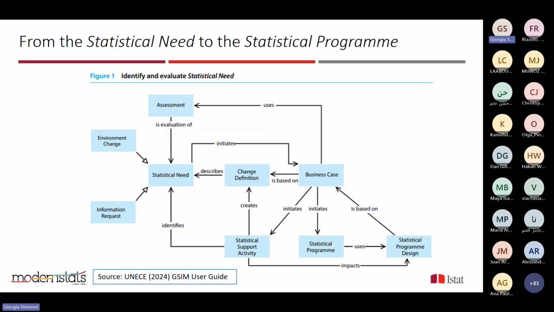And this is when the statistical office defines at a high level how to answer to the needs. So it decides if using administrative data to produce statistics, or if making a new survey, for example.